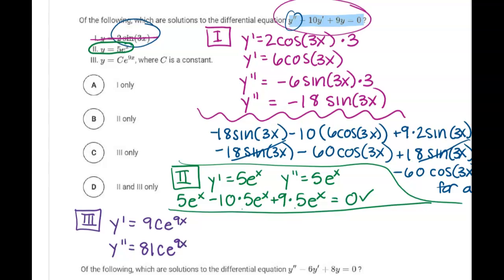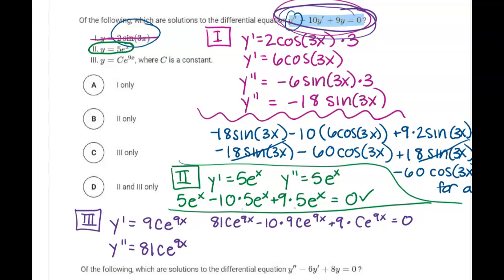So now we check it in our differential equation one more time. Kind of circled it and crossed it off, but we remember what it is, right? So y double prime, so 81c e to the 9x, minus 10 times y prime, which was 9c e to the 9x, plus 9 times y, and y was c e to the 9x. Let's see if this equals 0.